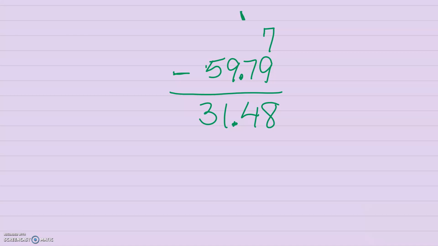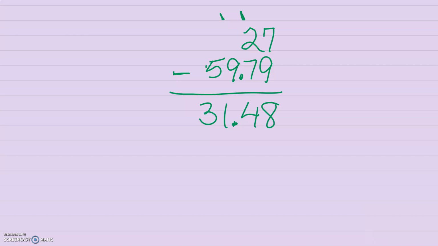Okay, so now, what is 4 plus 7? 4 plus 7 is 11, but then we have this one that we had to regroup from our hundredths, so that gives us 12. So we're going to write down our 2. And it was 12, so what do we do with that 1? We have to regroup those 10 tenths into a 1.